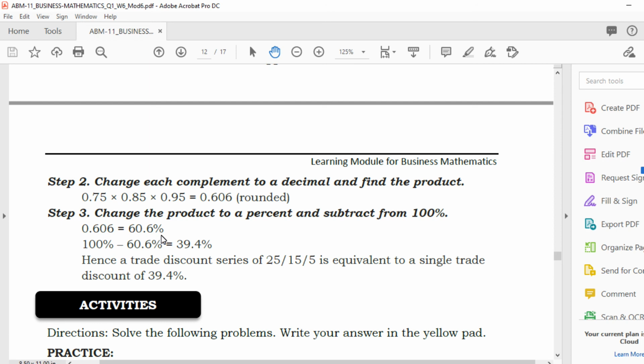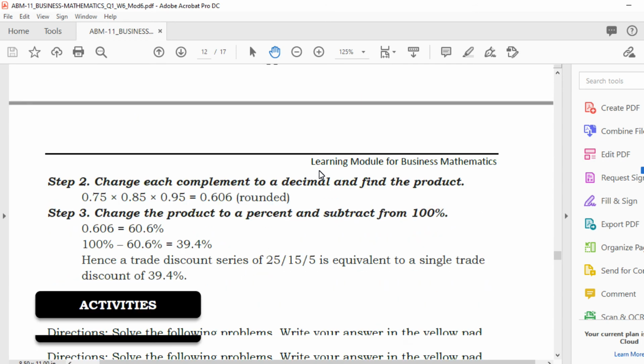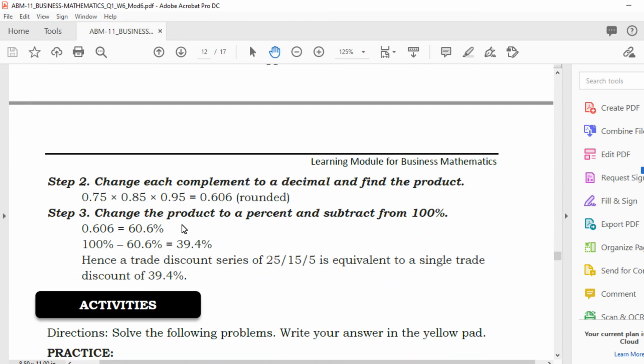Ito lahatan na mababayaran mo. Tapos, ililess mo sa 100% yung 60.6%. Okay? 39.4%. So, itong 39.4%, that is your single trade discount. Kung ito total natin siya.